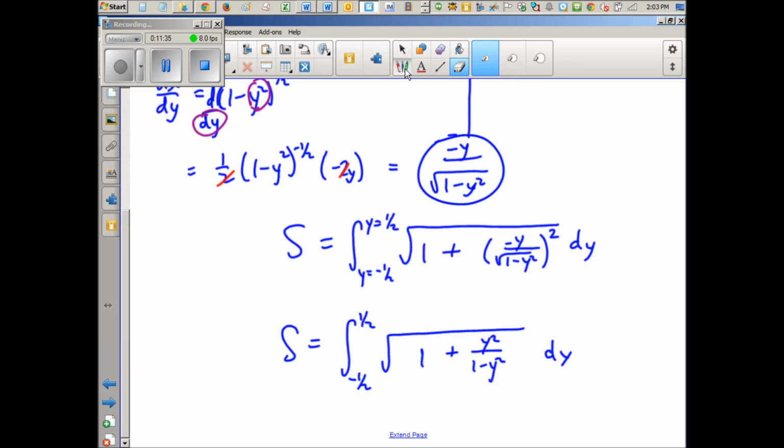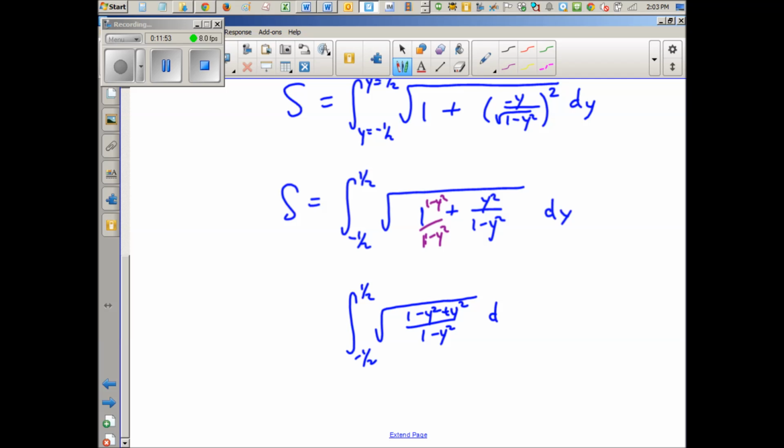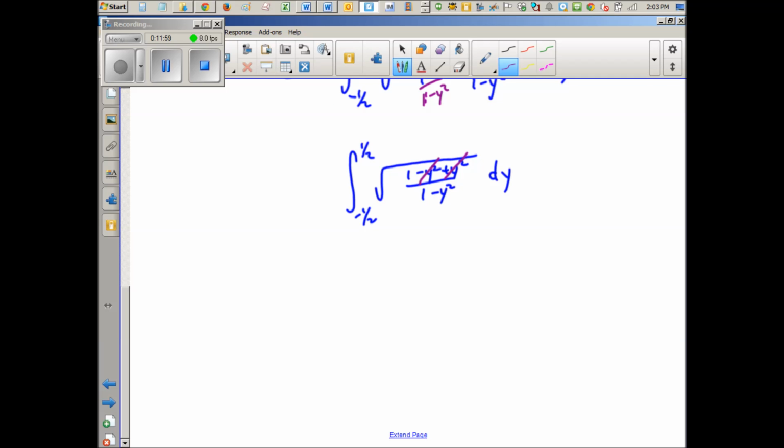Let me do that real quick. You end up with (1 minus y squared plus y squared) over (1 minus y squared) dy. These cancel out, and we get this: the integral from negative half to half of the square root of 1 over 1 minus y squared dy, or you could just write that 1 on top.